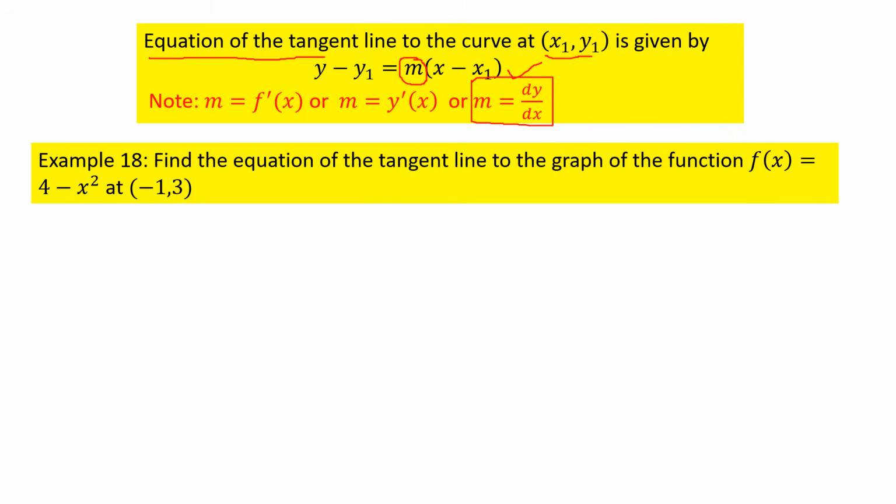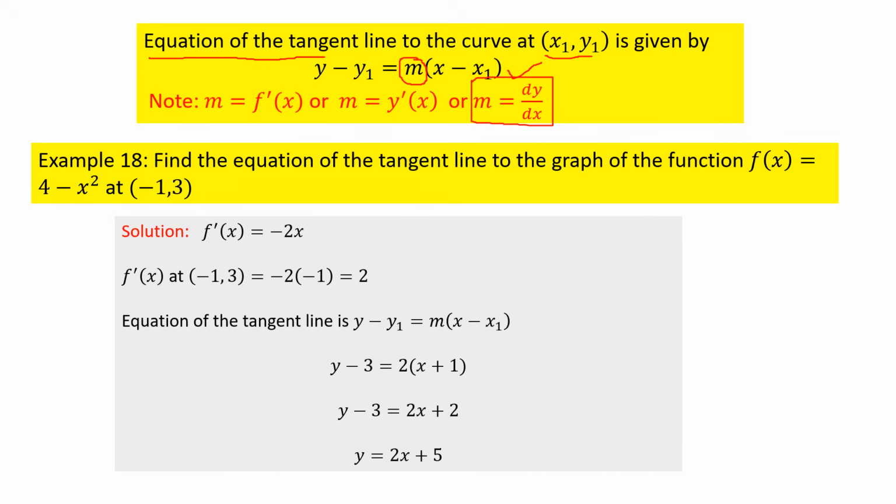Find the equation of the tangent line to the graph of the function f of x equal to 4 minus x power 2 at the point minus 1 comma 3. So first we find the derivative. So the derivative of the function will give you minus 2x. Then I need to calculate the derivative at the point minus 1 comma 3. That means I need to substitute x equal to minus 1 in the derivative.